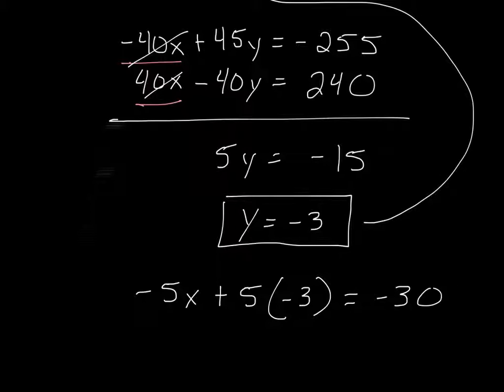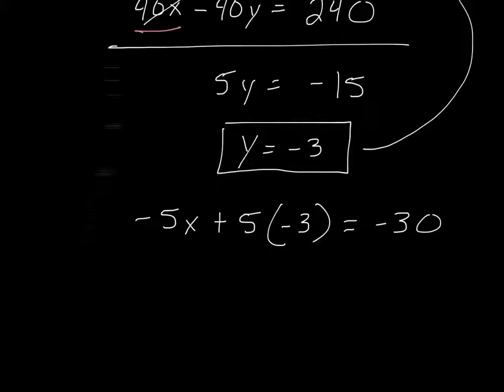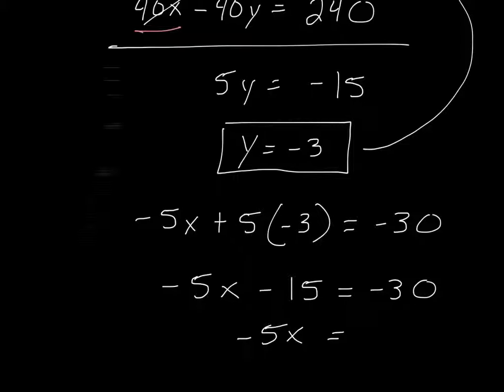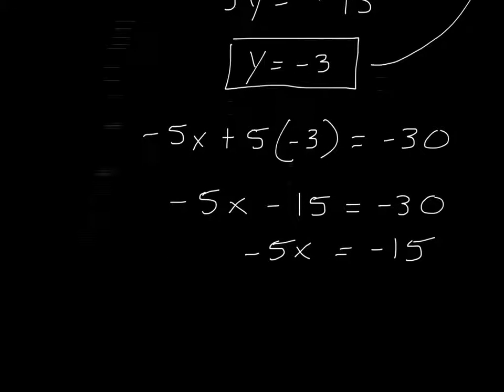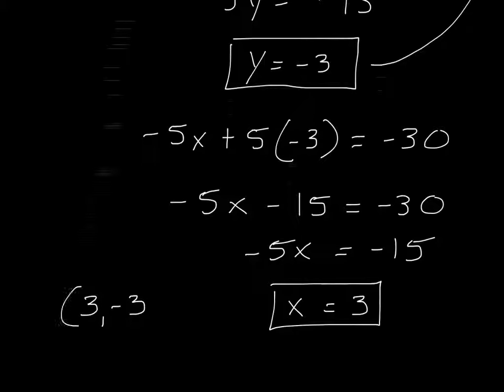I'm just going to solve this equation for x to get my x value. So what I get is my x value is 3 and my y value is negative 3. And that is the solution to the system.